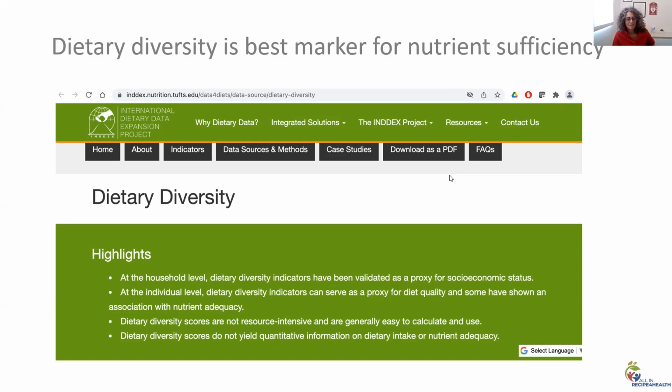But Gemma just wrote, eat the rainbow, and that is so true. But I am going to have you expand your idea of rainbow a little bit. When they do these dietary diversity scores to assess what is an adequately diverse diet, it's actually within 7 food groups that are pretty easy to memorize.